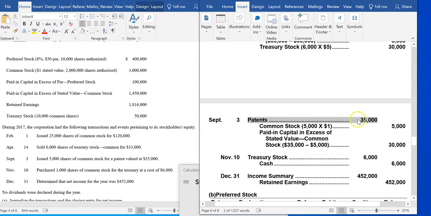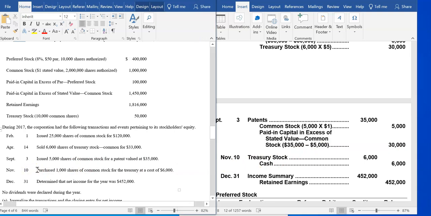So we debit the patent for the value of the patent, $35,000. Credit common stock for the par value of the stock that was issued, $5,000 at a $1 stated value. The excess paid in capital over the stated value of $30,000, 35 minus 5 or 30, is recorded into the paid in capital account.